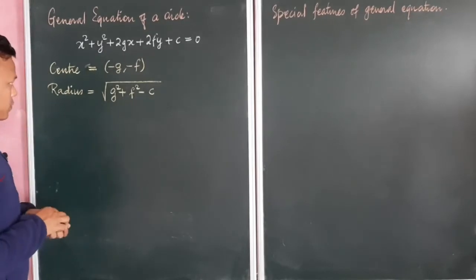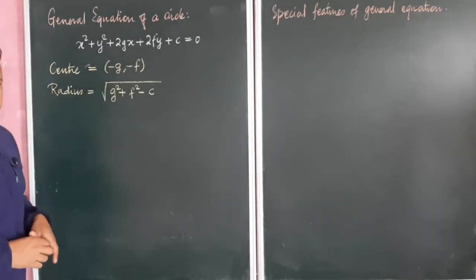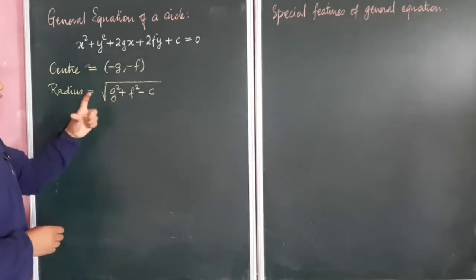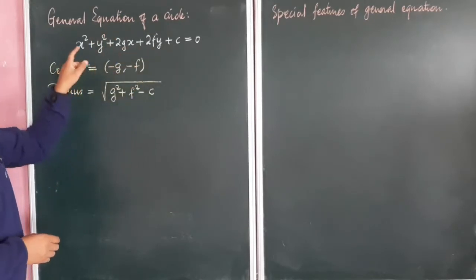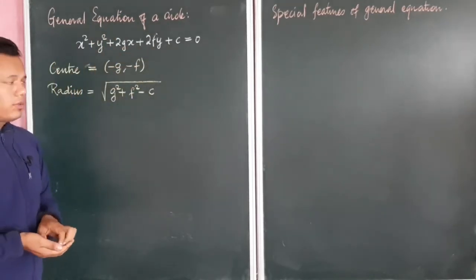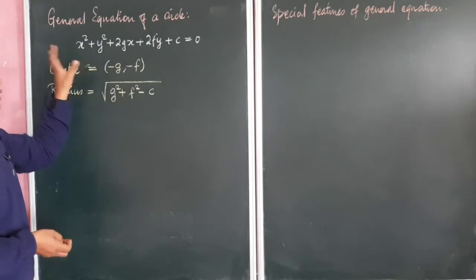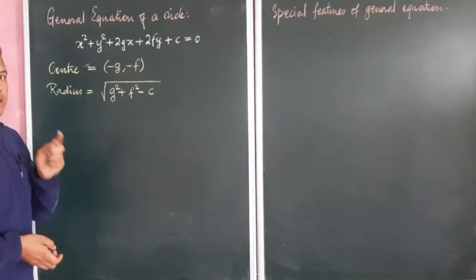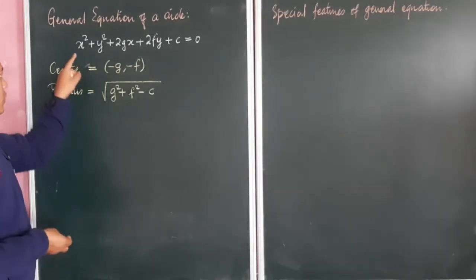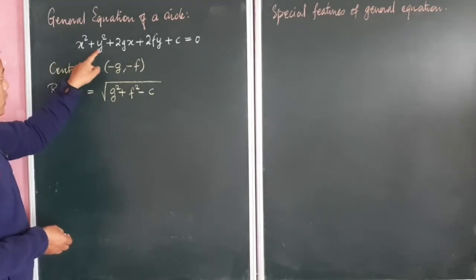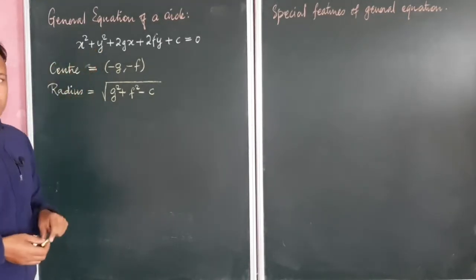Now let us see some special features of this general equation. If you observe this equation, the coefficient of x square is how much? It is 1. And what is the coefficient of y square? It is also 1.